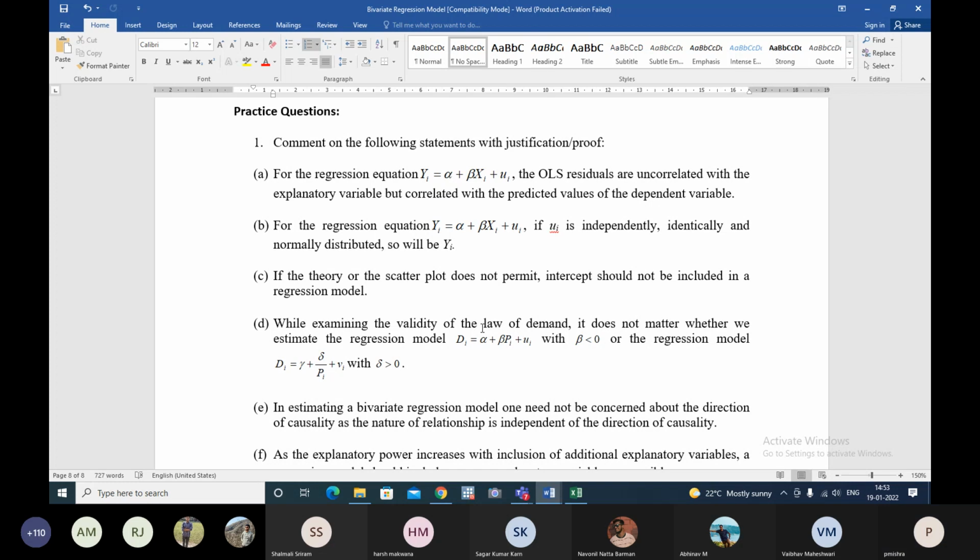So let us do some empirical work in connection with these concepts, like say, let us try to get alpha hat, let us try to get beta hat, capital R square, ESS, RSS, TSS. Then how the estimates will change if we change their original scale. Let us try to revisit these concepts by using some data.